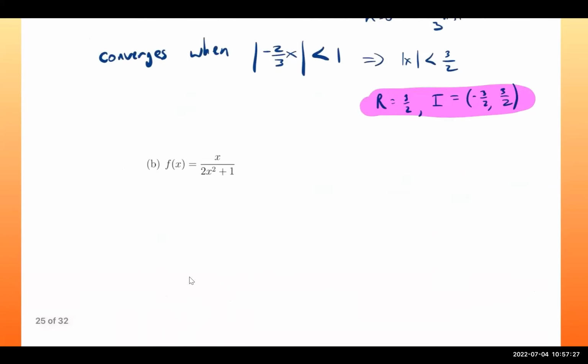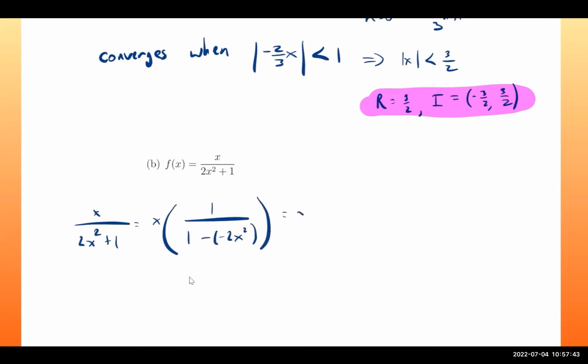So we're done. All right, let's do the same thing for the next one. So let's rewrite this function as an x, and you can write that as 1 over 1 minus double negative, once again, just like we did last time. All right, so now we have that x times the series n equals 0 to infinity.